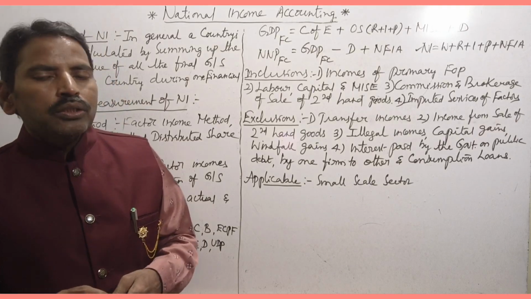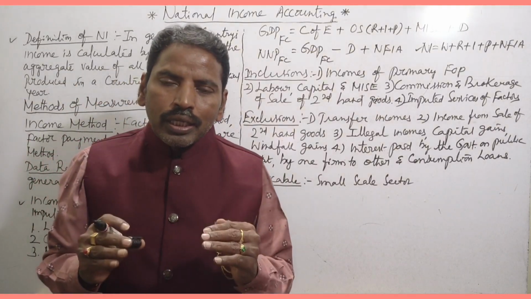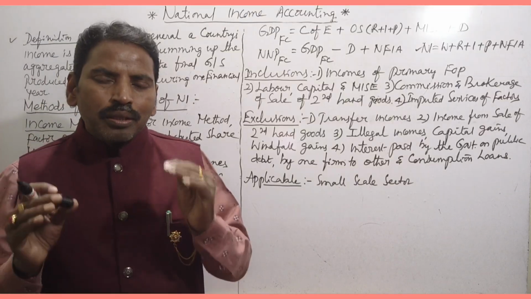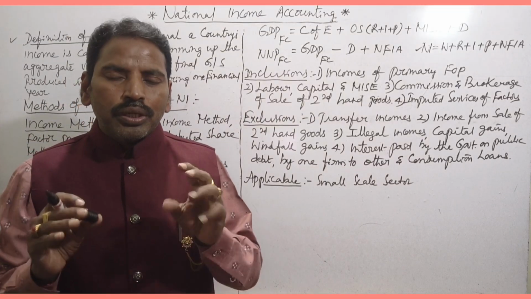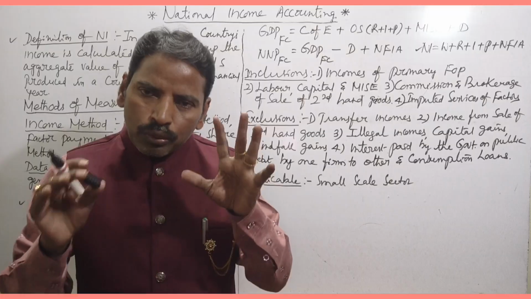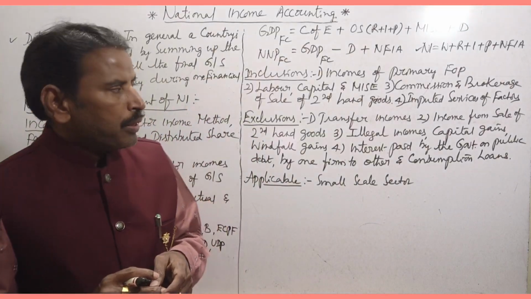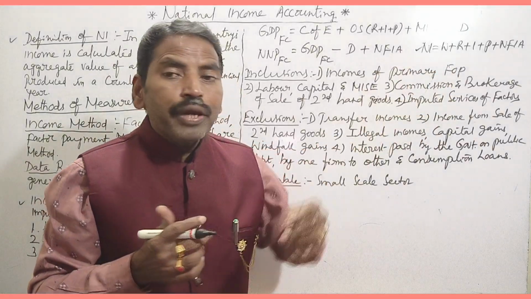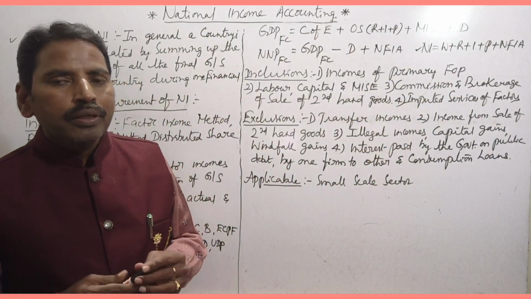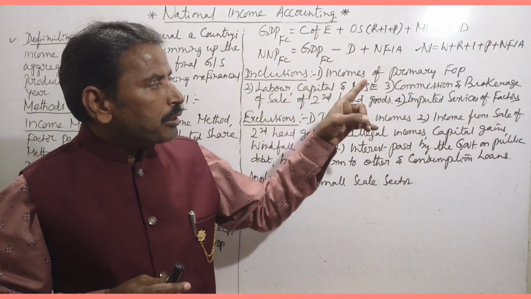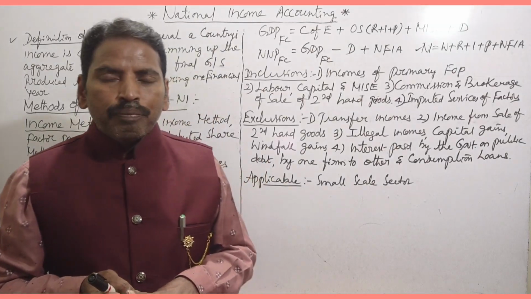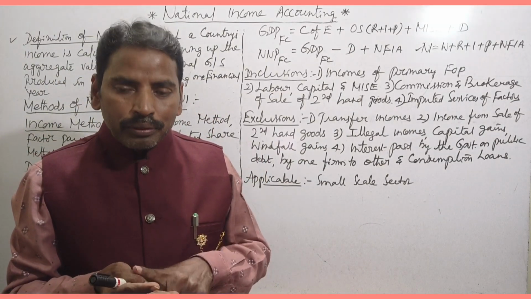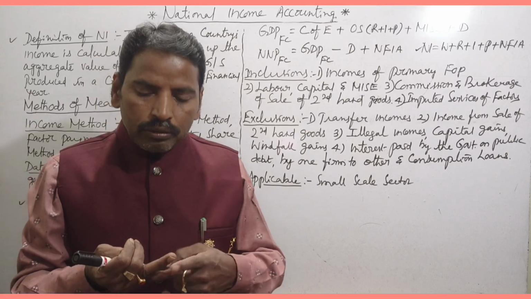When we calculate national income through the income method, some items are included. Those are called inclusions. One is incomes of primary factors of production: rent, wages, interest, profits.